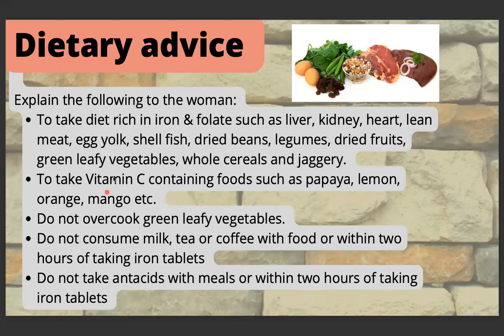There are some important points, for example, to not consume milk, tea, or coffee with food, or within 2 hours of taking iron tablet, and to not take antacid with meal, or within 2 hours of taking iron tablet. So there are some important points that we have to counsel the patient about while taking their food or their iron tablet.